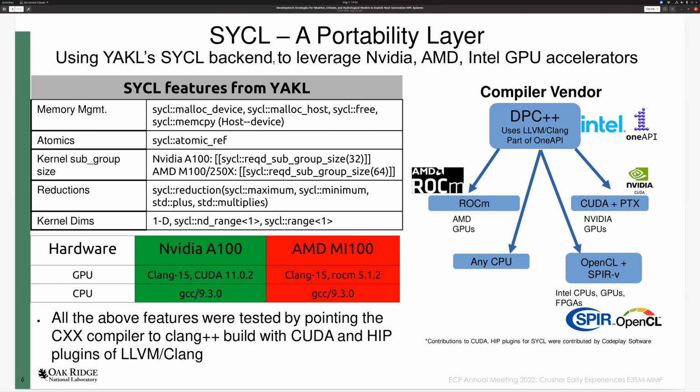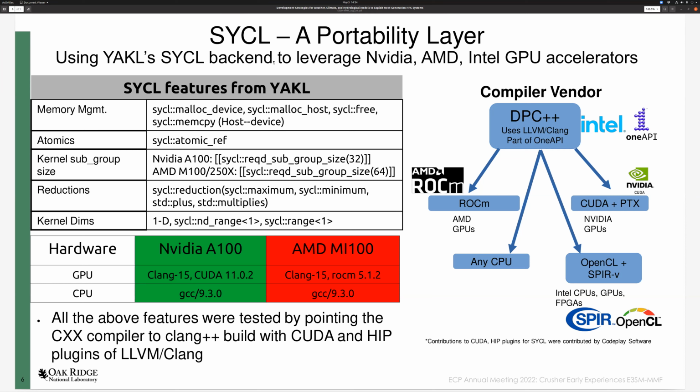On the extreme right, you just see DPC++, a compiler built on the LLVM ecosystem, and for AMD and NVIDIA, it piggybacks on ROCm and PTX plugins to get it working on non-Intel hardware. So this table briefly shows the features of SYCL that are explicitly being used in YAKL and tested on non-Intel hardware.